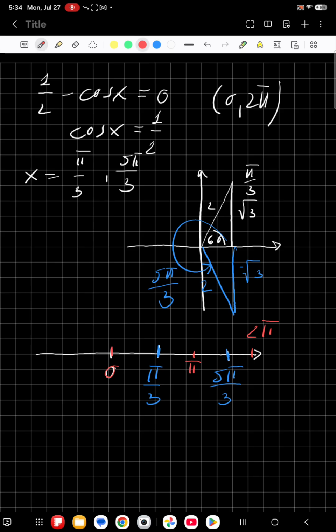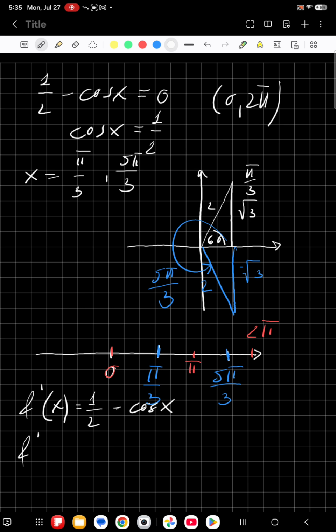we're evaluating our first derivative for those three testing numbers. So let's write down that derivative. It was f prime of x equals half minus cosine x. Okay, so we're doing f prime of 0, f prime of pi, and f prime of 2 pi.